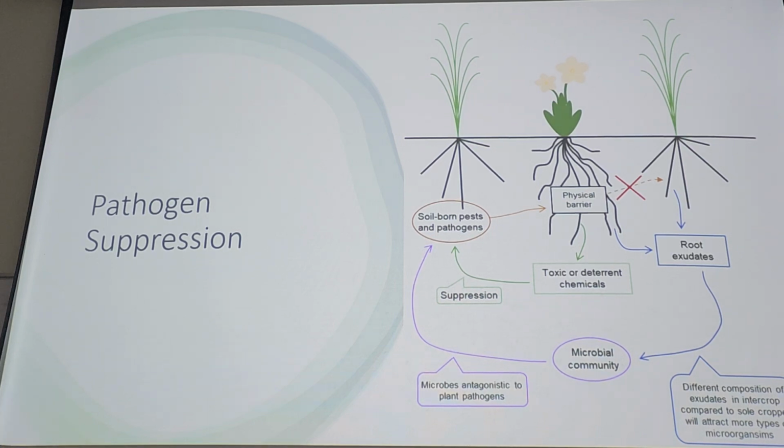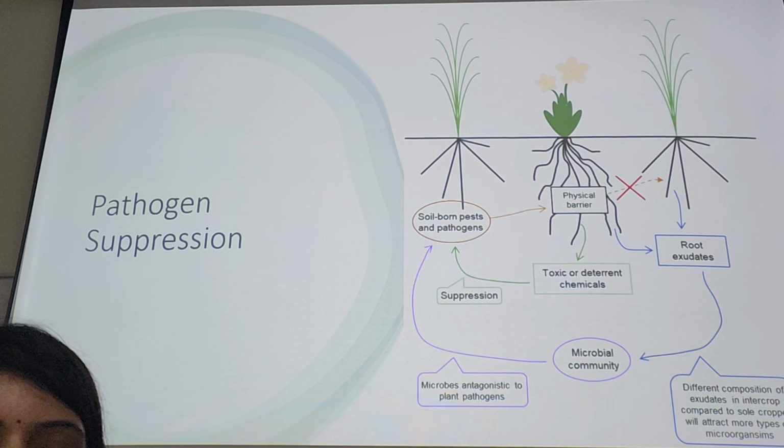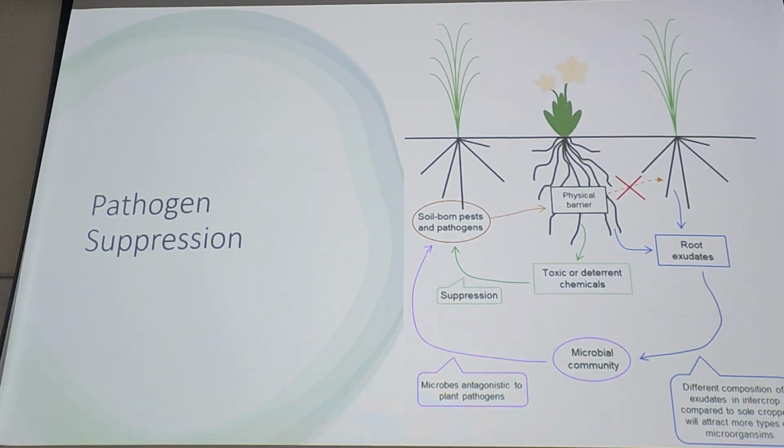When you intercrop using different species of crops, you break the soil pest and pathogen spread with a physical barrier, because in between there is a different crop that the pest or pathogen does not like. So indirectly, it breaks the disease cycle. Certain plants used in intercropping also release toxic or deterrent chemicals that are not favorable to the pathogen or the pest.